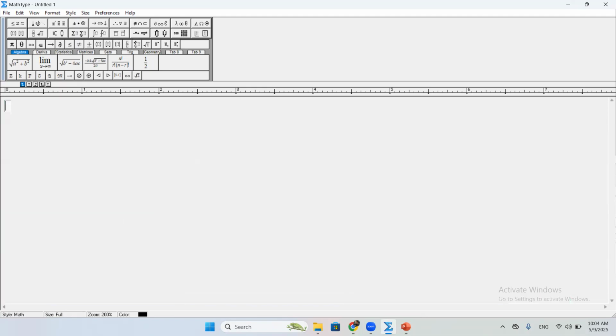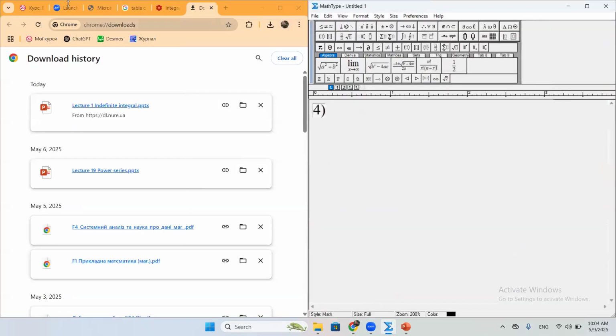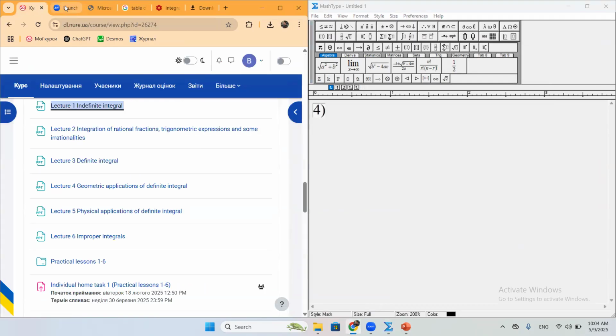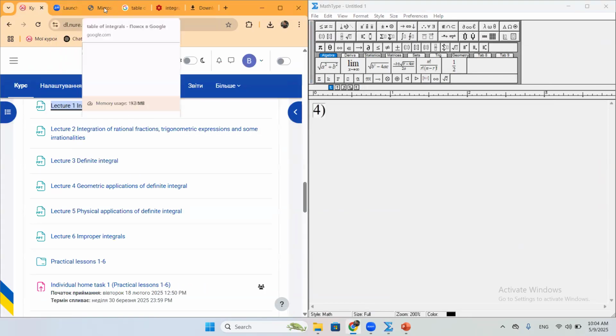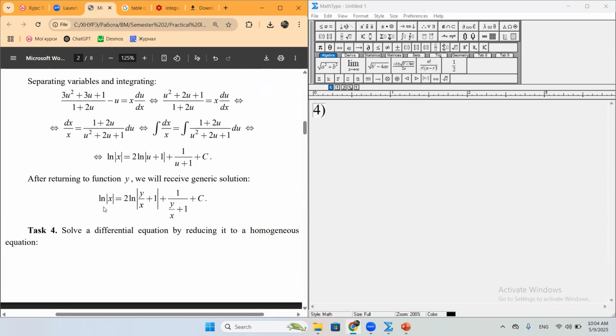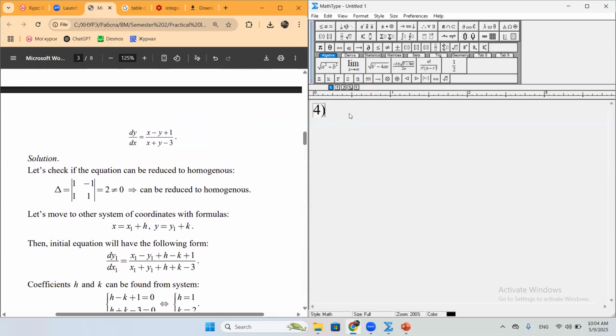Okay, no questions. So we are moving to exercise 4. So one more interesting example. It will be an equation that we will reduce to homogeneous. So the equation is the following: dy by dx equals x minus y plus 1 over x plus y minus 3.